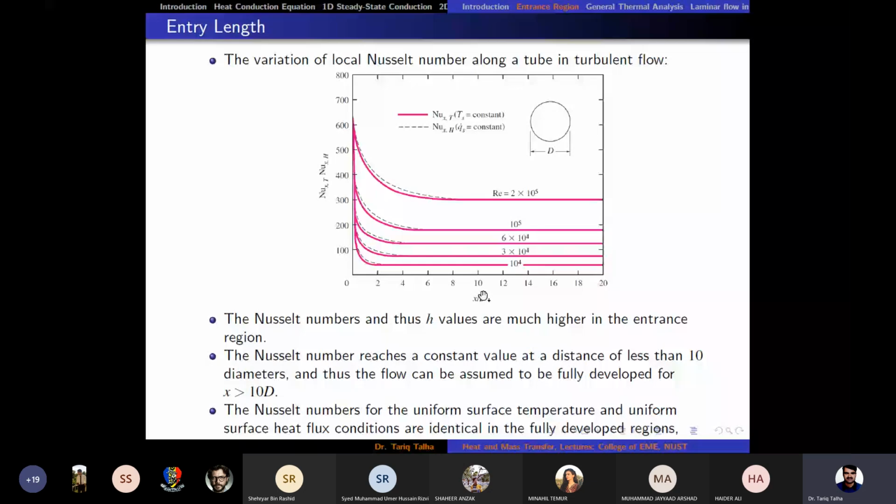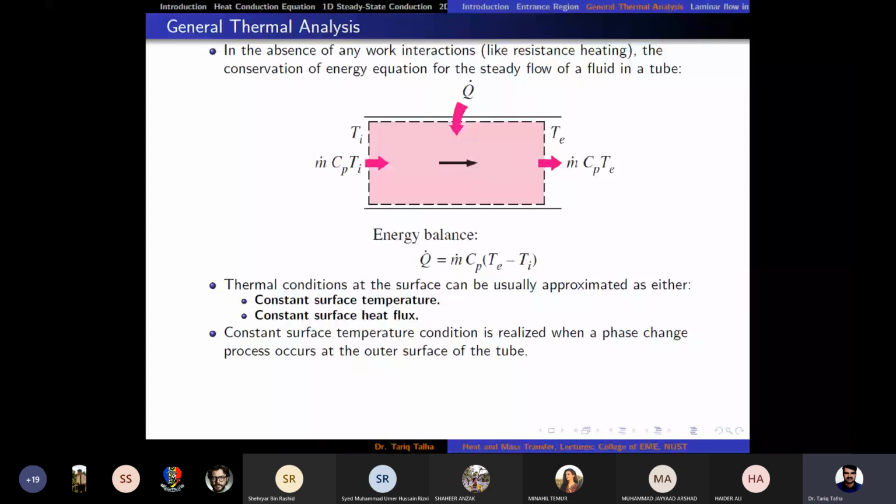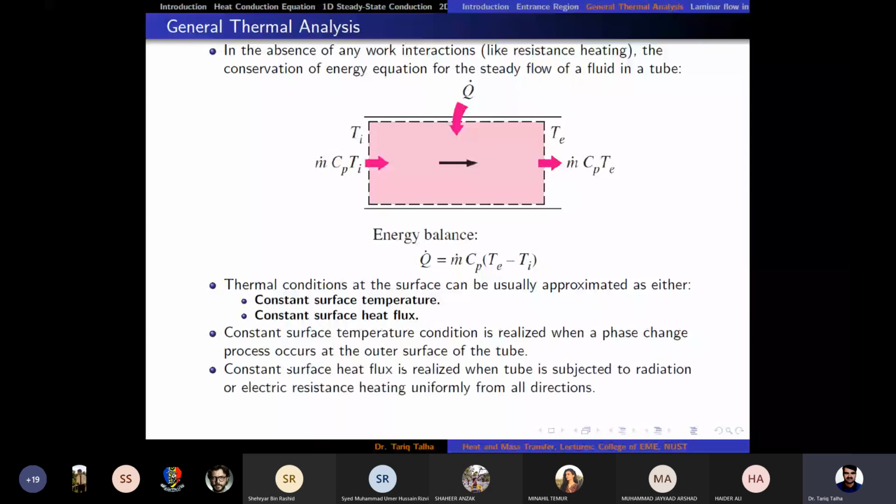Then we discussed the two boundary conditions, constant surface temperature and constant heat flux. Constant surface temperature is there when we have a phase change, and constant surface heat flux is realized when the tube is subjected to radiation or electric resistance heating.